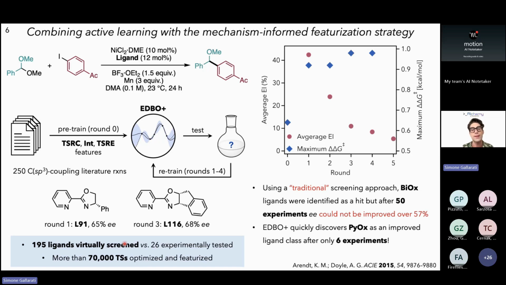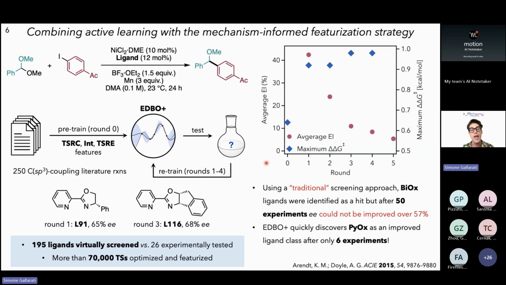I want to emphasize that we had previously tried to optimize this reaction with a more traditional approach, where we surveyed a variety of ligand classes, identified a hit in specifically the Biox class, and then tried to synthesize a large variety of Biox ligands.